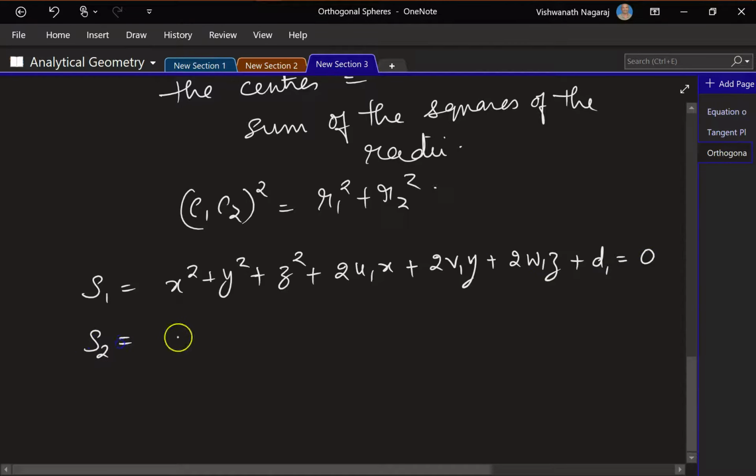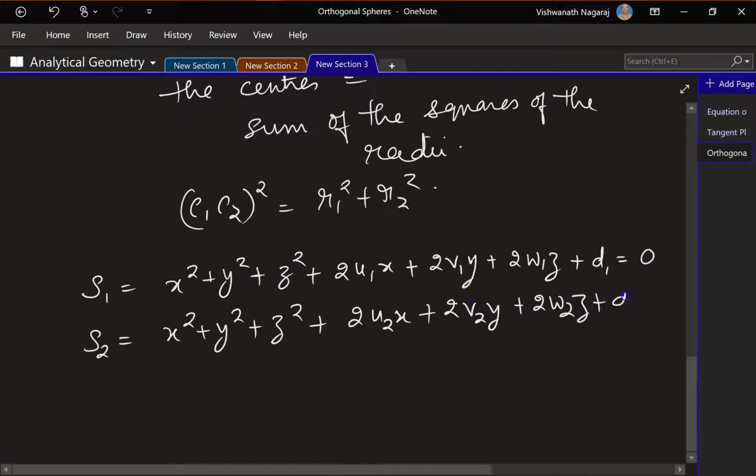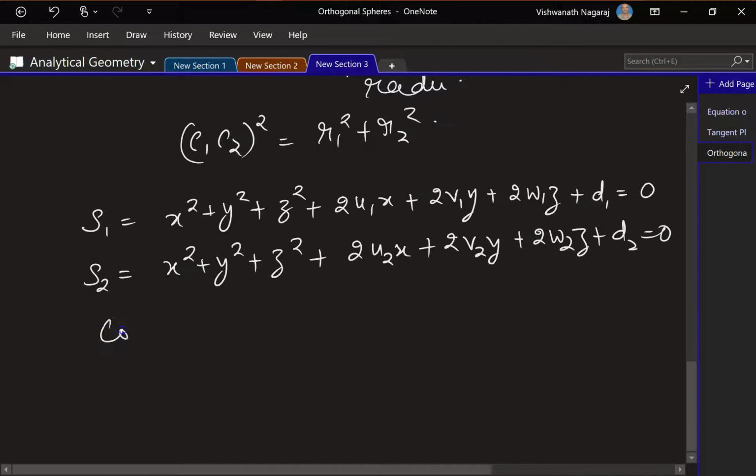Let's say we have the second sphere, x square plus y square plus z square plus 2u2x plus 2v2y plus 2w2z plus d2 equal to 0. Now we are going to look at the condition for S1 to be perpendicular to or orthogonal to S2.